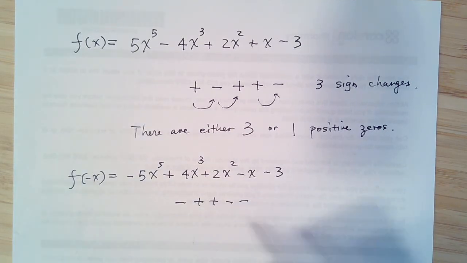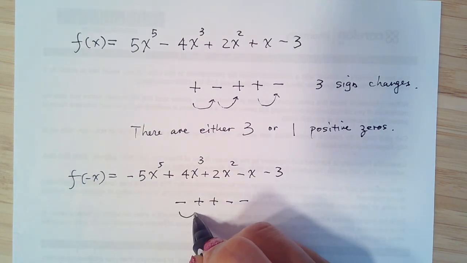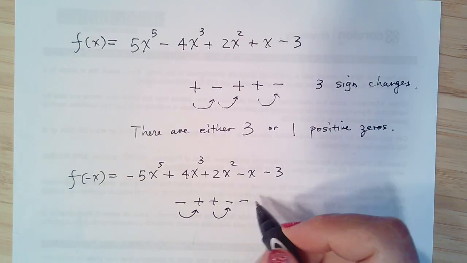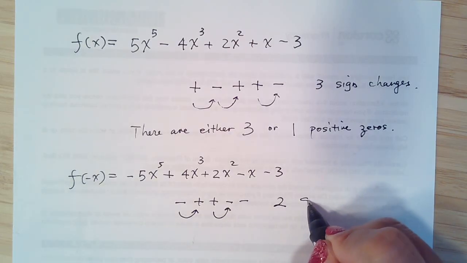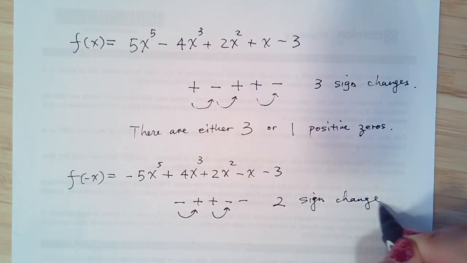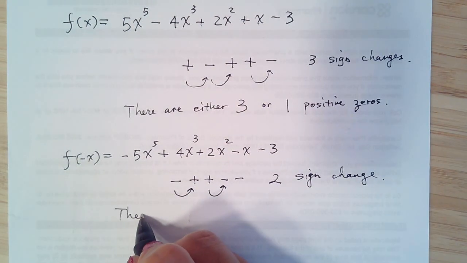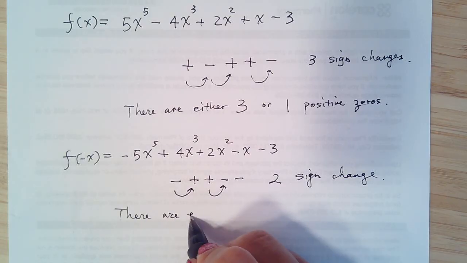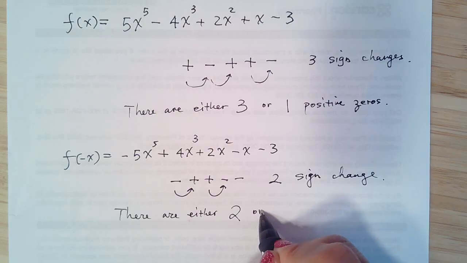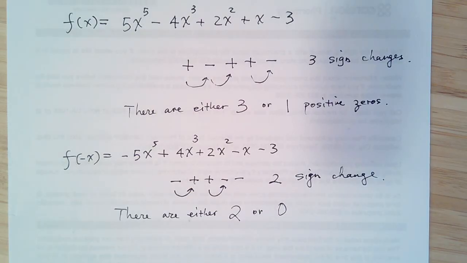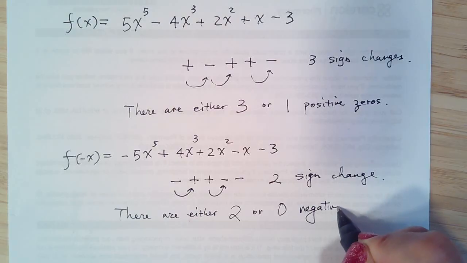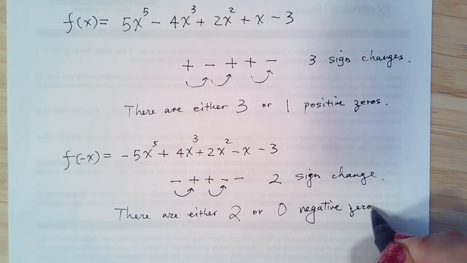Okay, how many sign changes? 1, no change. 2, no change. So there are 2 sign changes, which means there are either 2 or 0 negative zeros.